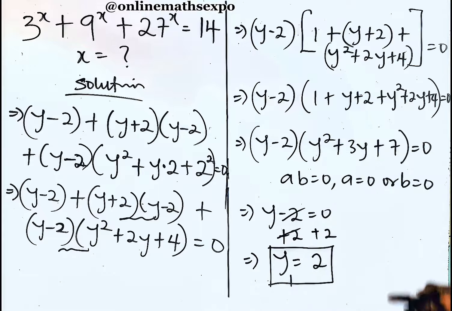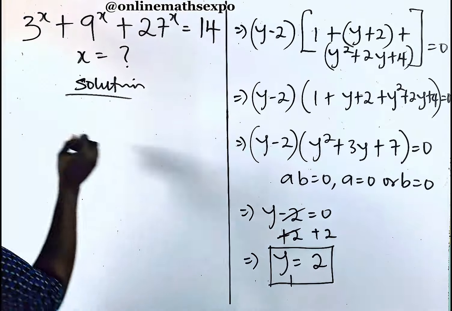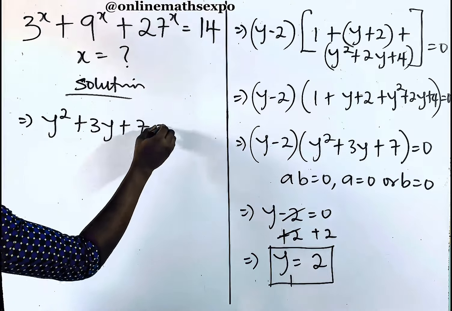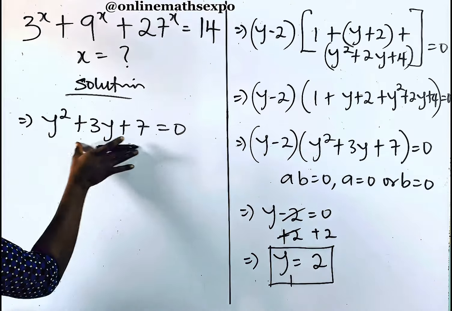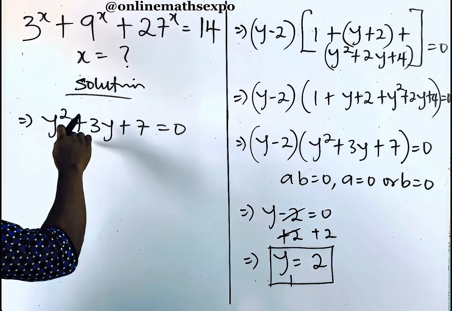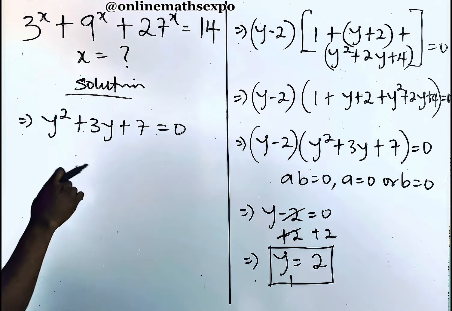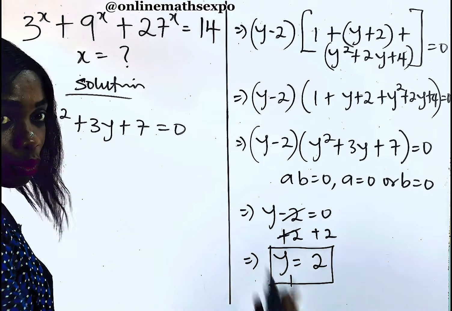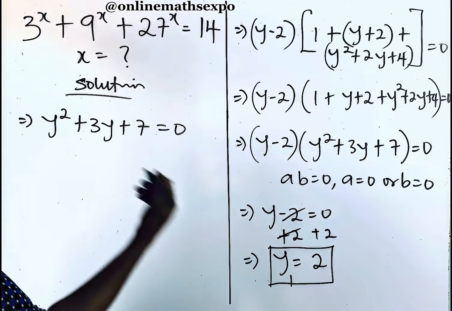Now let's work for this to have. Solving for the second one, we have y squared plus 3y plus 7 equal to 0. This is your quadratic equation. Now we are going to check for the discriminant of this to help us know if we're having a real or complex solution. If it's complex, we are going to reject, and if it's real, we accept.